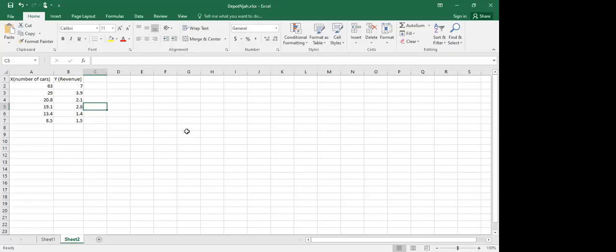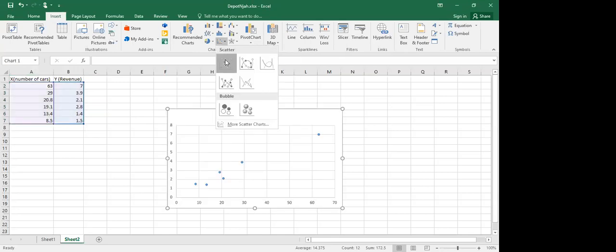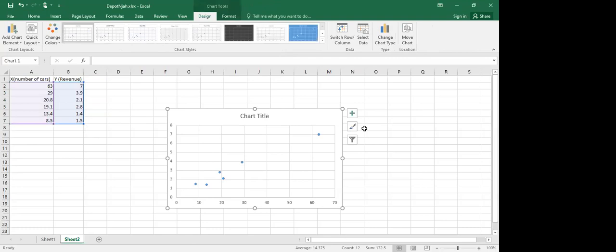So we have two variables, x and y. What I do is I will highlight both variables and insert a scatter plot. This is the scatter plot here. And this is the plot representing the relation between the number of cars in 10,000s and the revenue of the company, y.